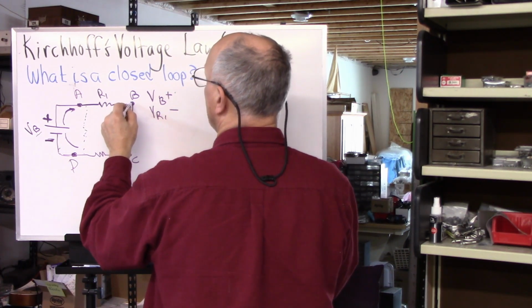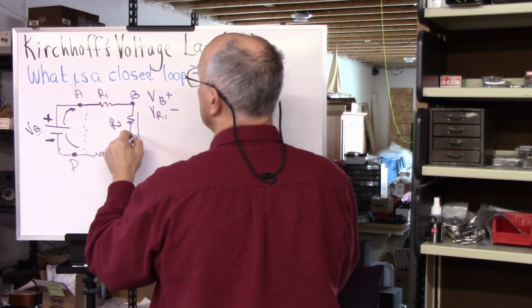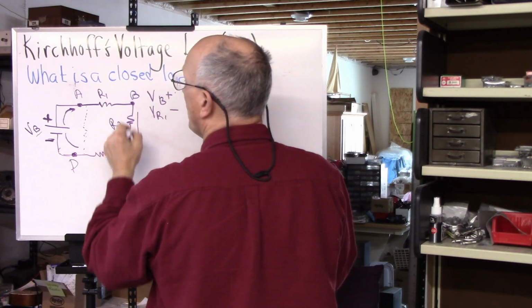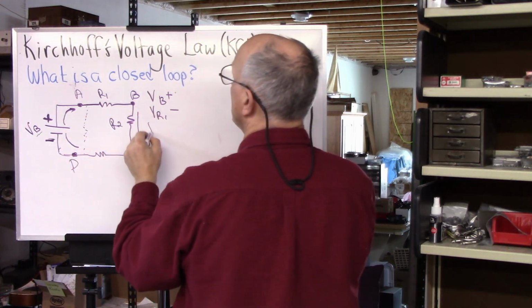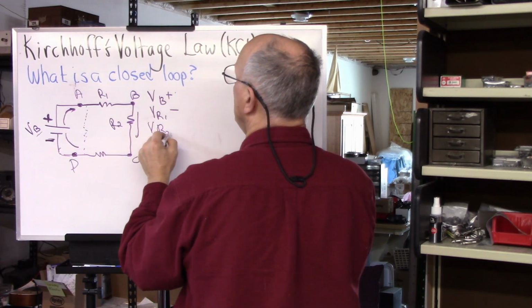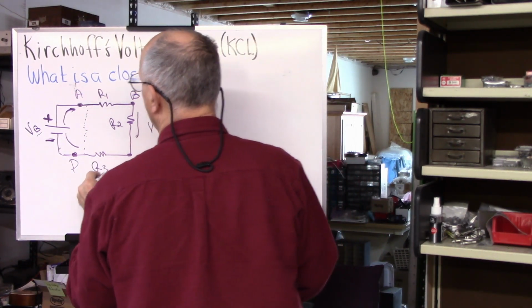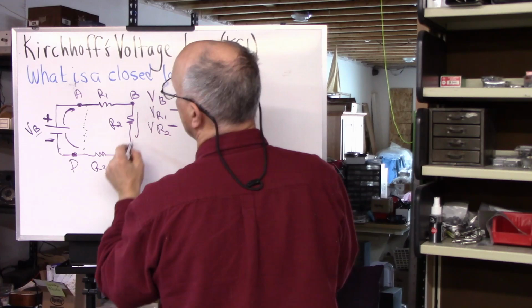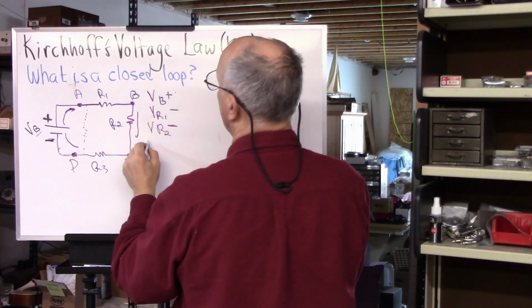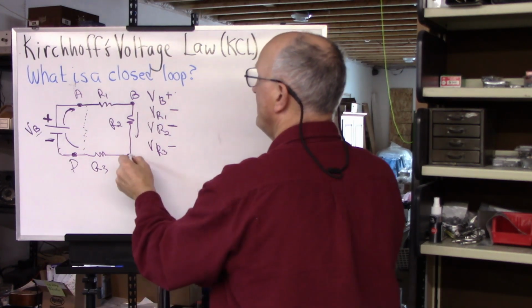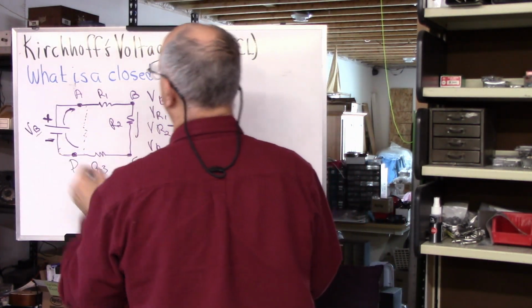Again, we're traveling from B to C around this closed loop, and we're going toward the negative side of the battery again, so VR2 is also going to be negative. And R3, the same thing as we travel around here. This is also going to be negative because we're going from a more positive point to a less positive point.